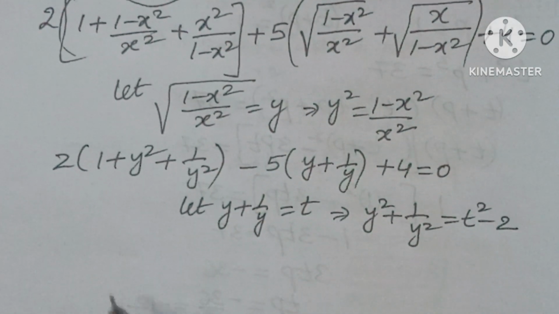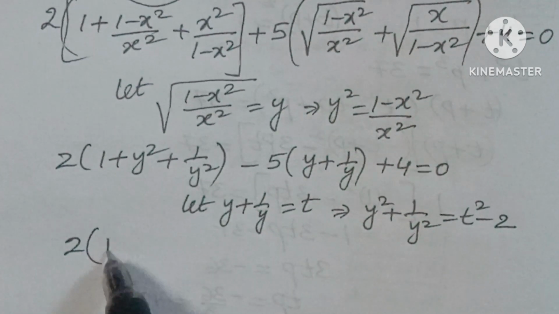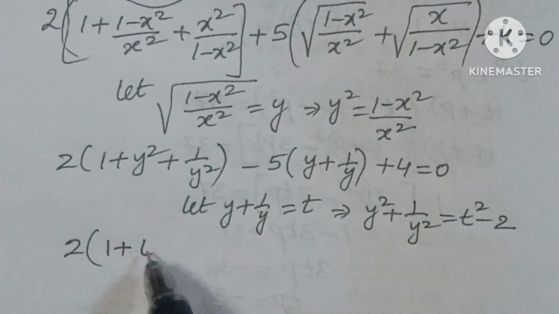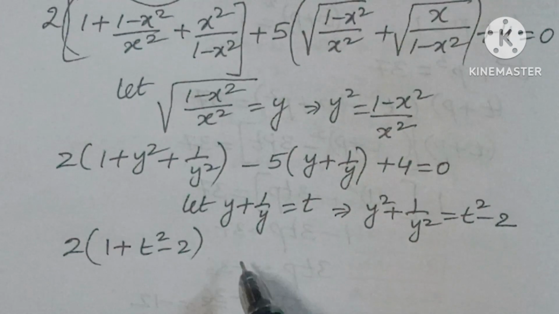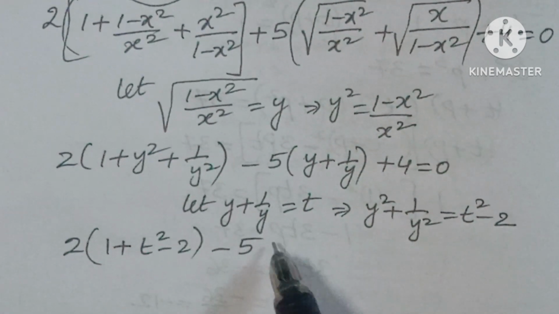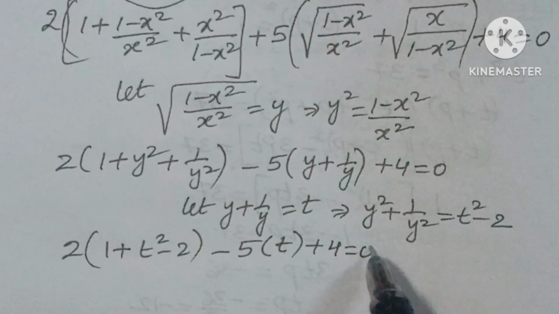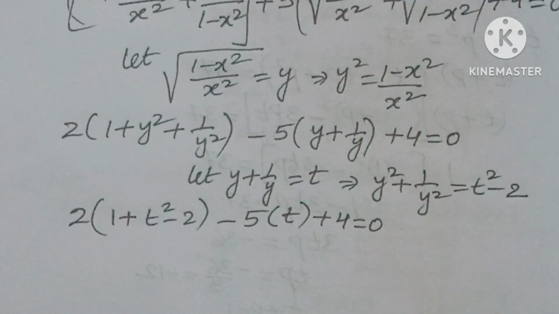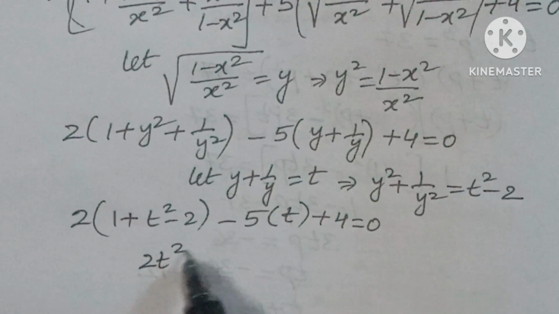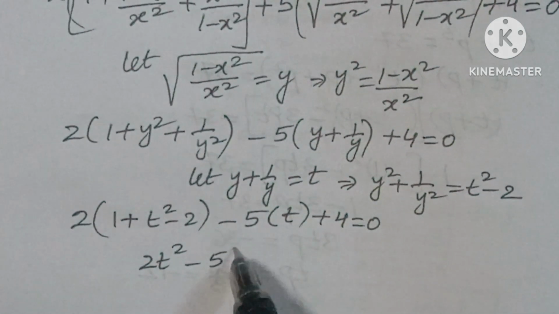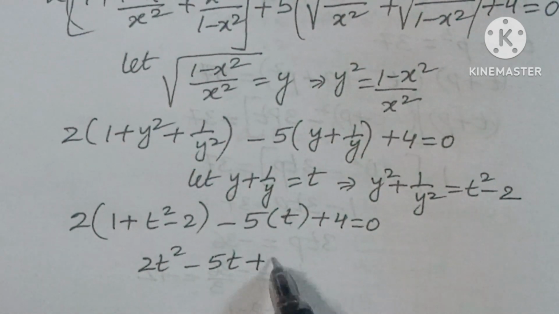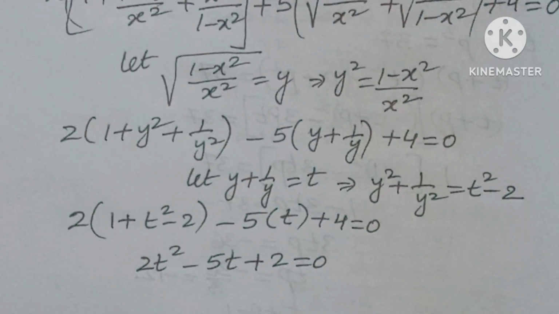Now substitute this value here: 2 into (1 plus t square minus 2) minus 5 into t plus 4 equal to 0. Now we are getting a quadratic: 2t square minus 5t plus 2 equal to 0.